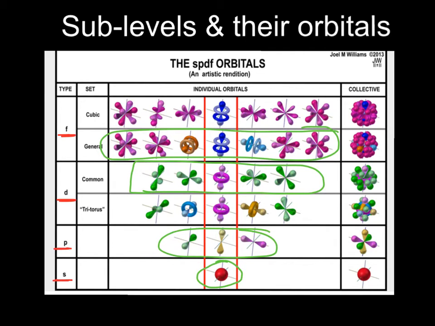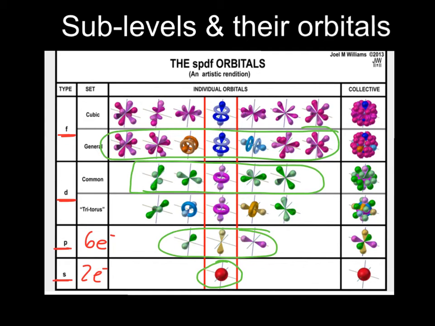But what I want you to understand is that each orbital holds 2 electrons. So an S sublevel can hold 2 electrons. A P sublevel has 3 orbitals. They each hold 2 electrons. So a P sublevel can hold a maximum of 6 electrons, 2 in each.